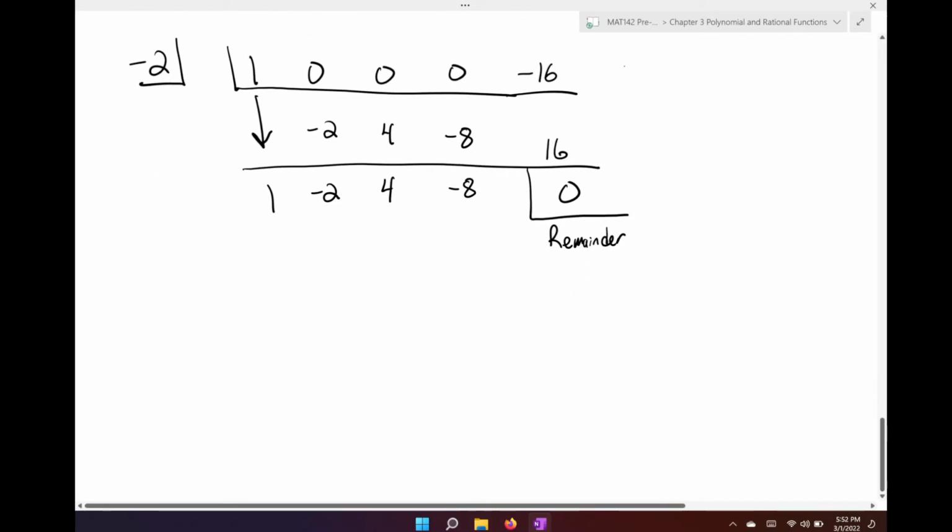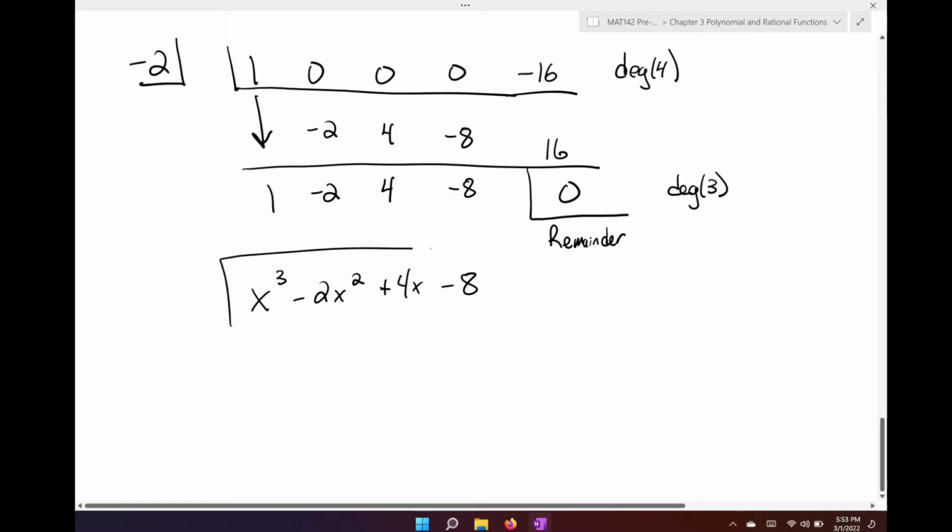So this was the degree of 4 when we started, which means our solution, or our quotient, is a degree of 3. So this will be x to the third minus 2x squared plus 4x minus 8 for our final answer.